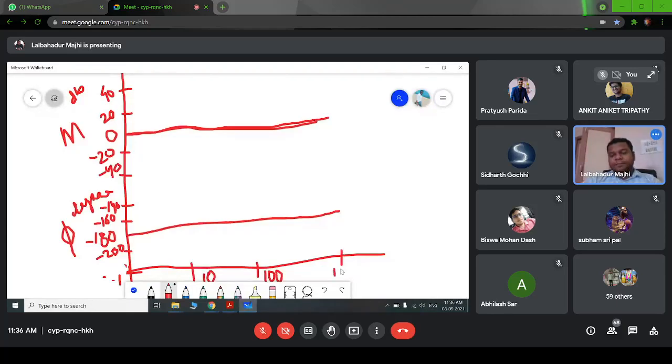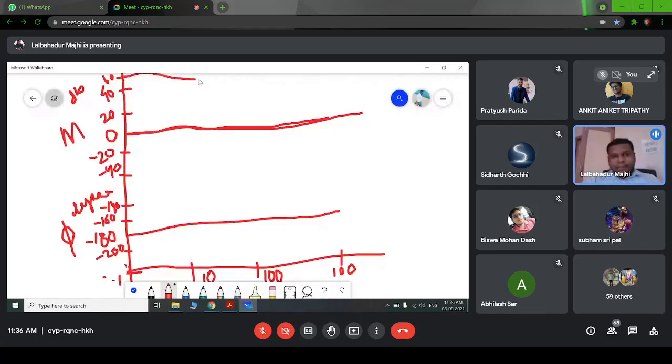So first we already know our starting point of our magnitude plot. The starting point is 60 dB. So the initial slope will be 0 dB per decade. Excuse me for my straight line drawing.